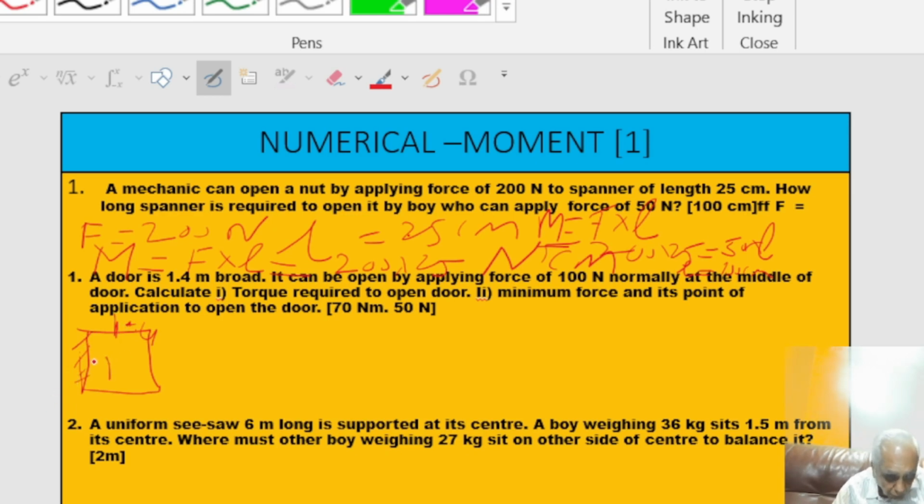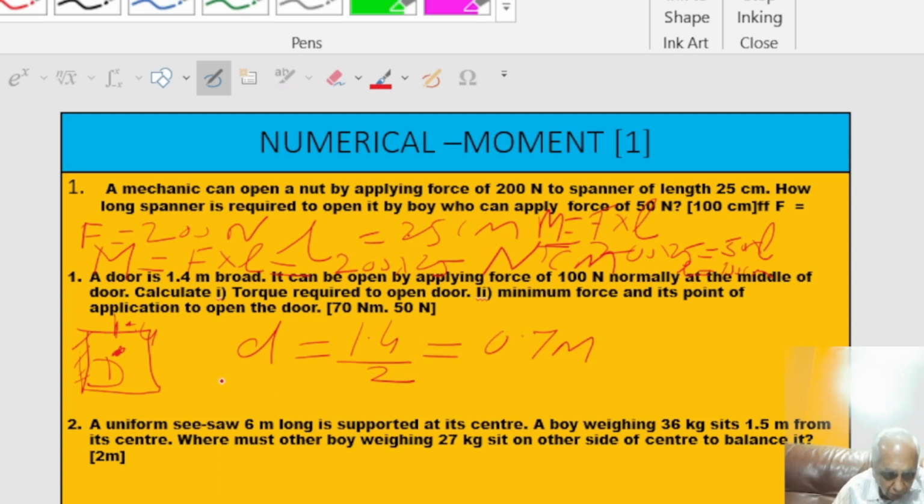It can be opened by a force of 100 Newton at the middle. So I am giving the force in the middle here. Small d in this case would be 1.4 upon 2, because I am giving the force in the middle, that is 0.7 meter. So this is my d.